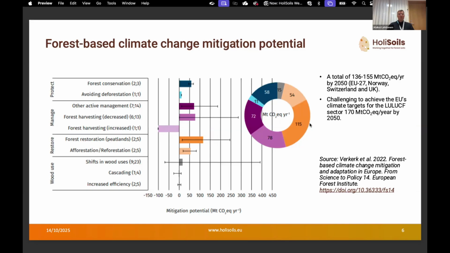But there are a few I can praise, like forest restoration on peatlands, and also other active management practices. So there are tools in a toolbox that can contribute to climate change mitigation, and the potential is quite significant at the European Union level.